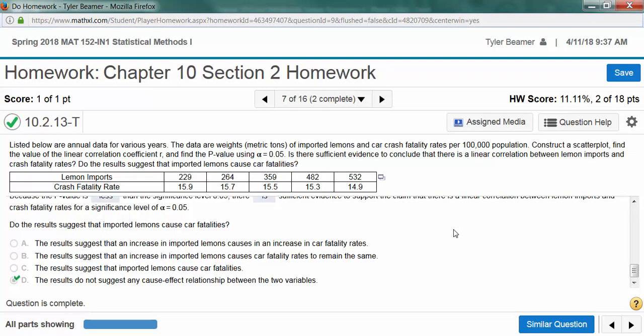So that's what D is implying. It would be ridiculous to assume that importing lemons is somehow going to make us all safer when driving our vehicles. So just because these two pieces of data are correlated does not suggest that there's any cause and effect relationship. That's what D is implying here.